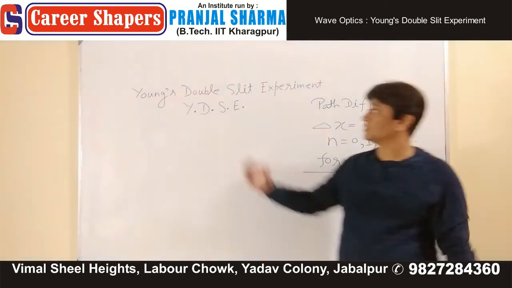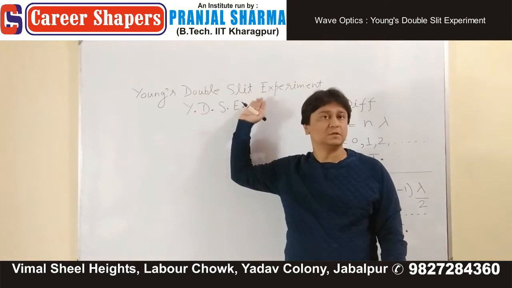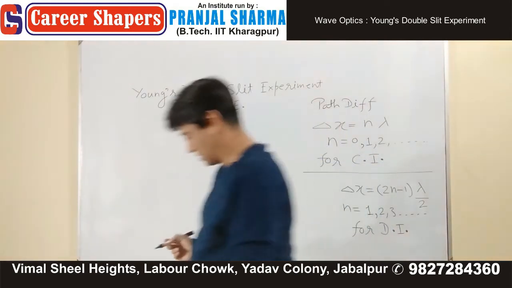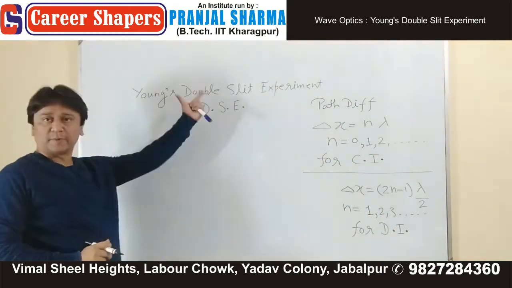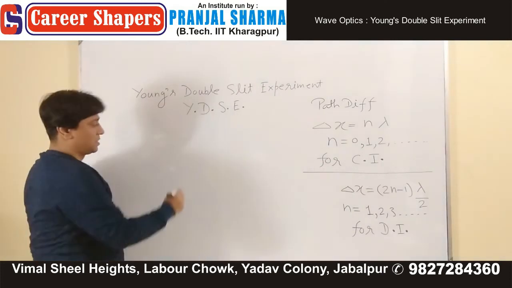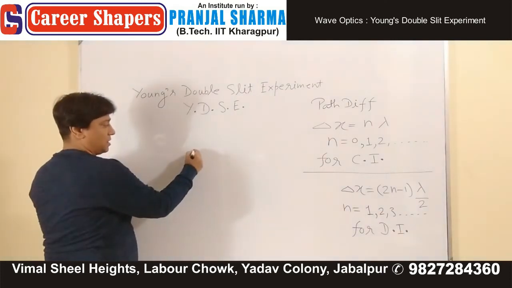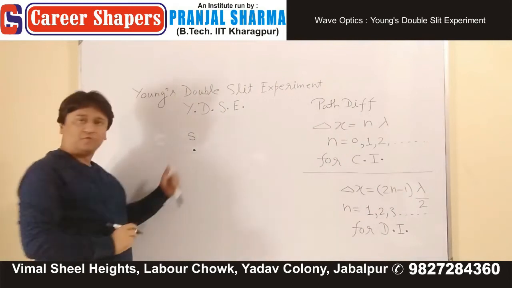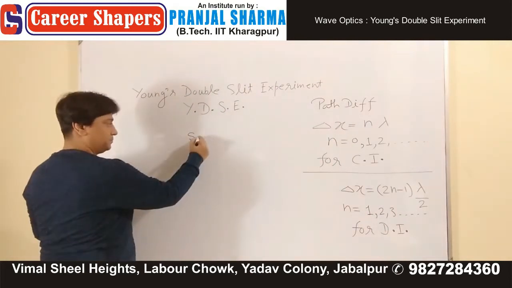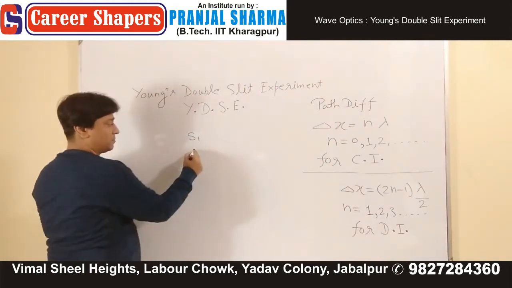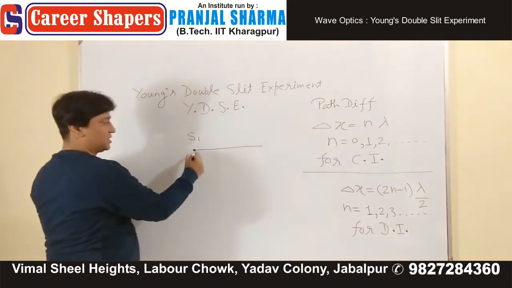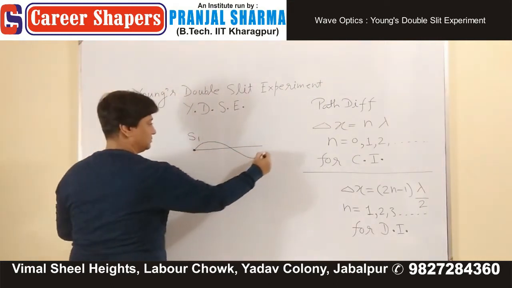The thing is, what is double slit? We'll understand this part first. You know that if we have a source S1 and waves coming from S1 are like this.